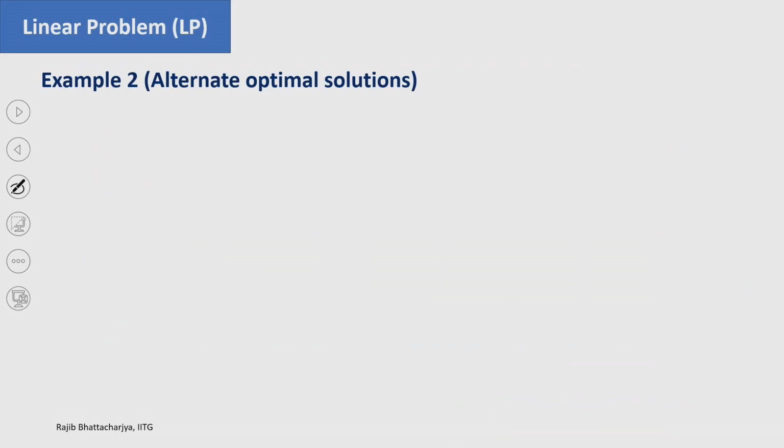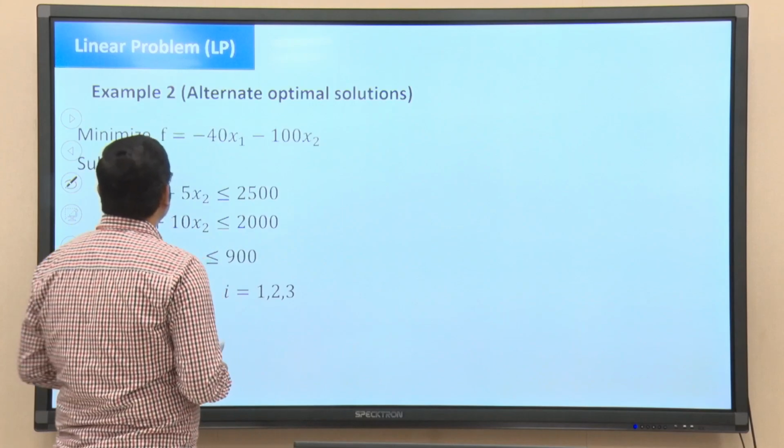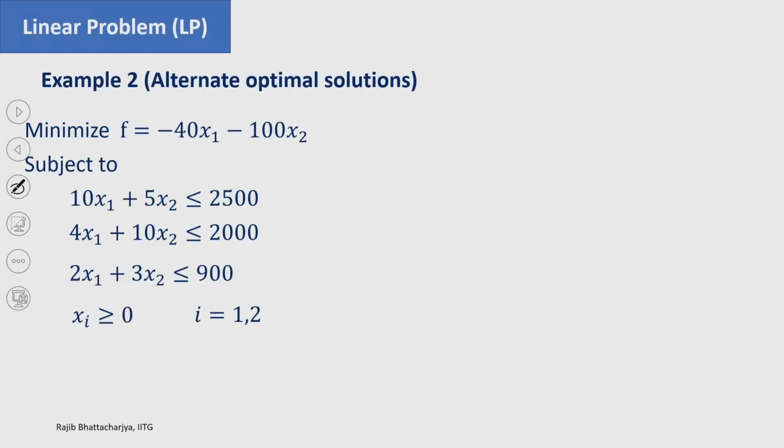Now, let us see another example problem. In this case, we will have an alternate optimal solution. Okay. So, let us solve, and then I will explain. This is a minimization function. Minimize f equal to minus 40 x 1 minus 100 x 2. So, there are 3 constraints.